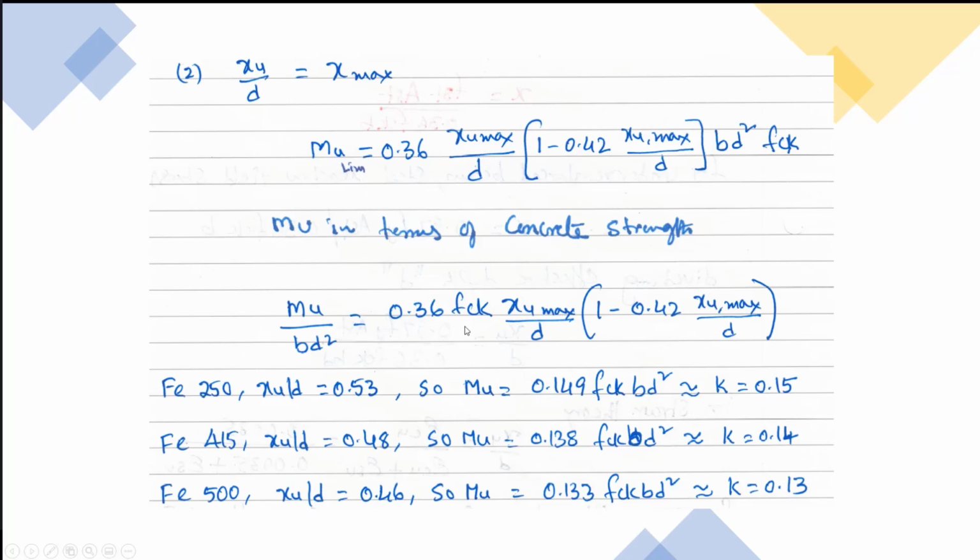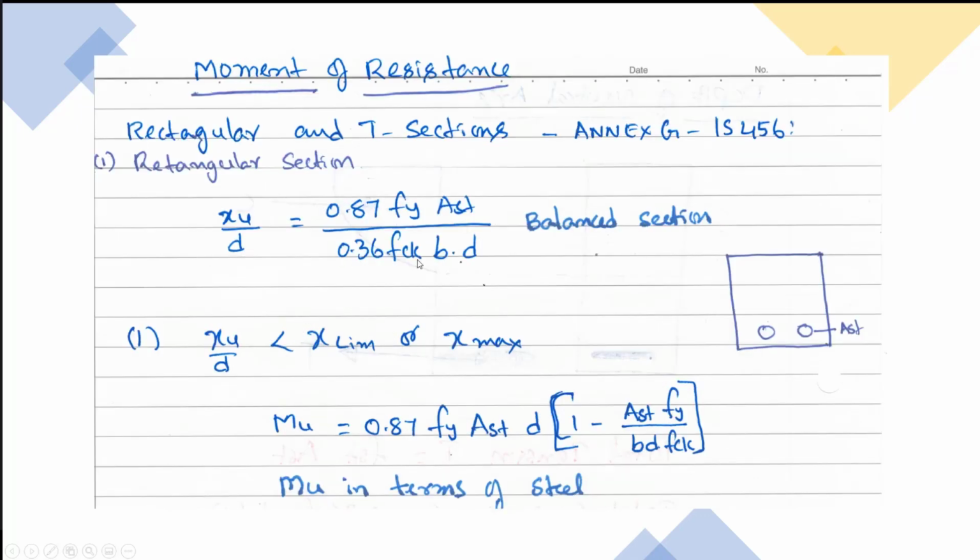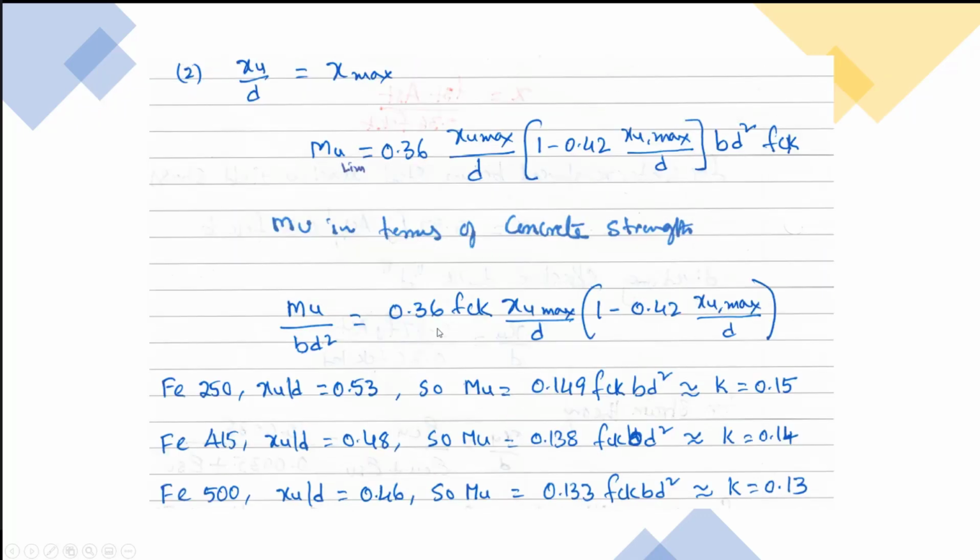If you substitute this Xu max in the equation provided by the code book, we get Mu equals 0.149 fck bd square, 0.138 fck bd square, and 0.133 fck bd square.